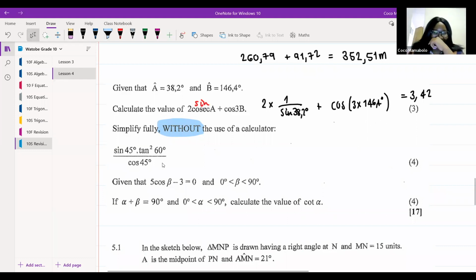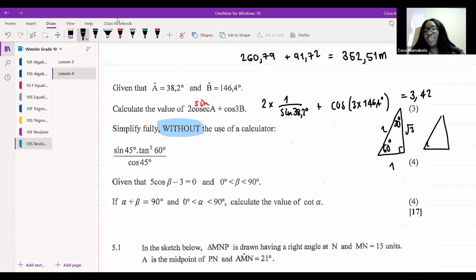How? Use your special angle triangles. Use your 30-60 and your 45 triangle. 60 degrees, 30 degrees. Okay, 1, 2, √3. And my 45-degree triangle is 1, 1, √2.